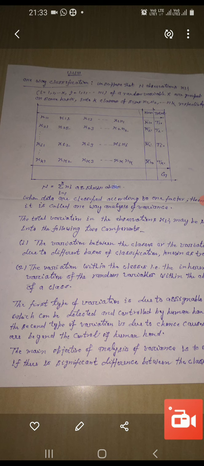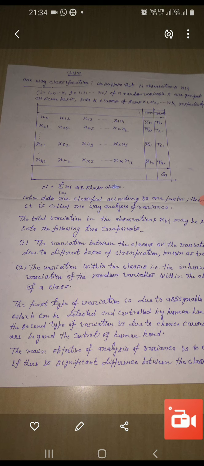The total variation in the observations xij may be split into the following two components. Means all the variations present in the data may be split into the following two components. First is the variation between the classes.